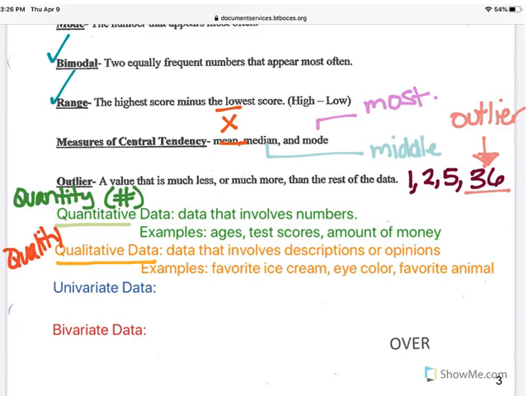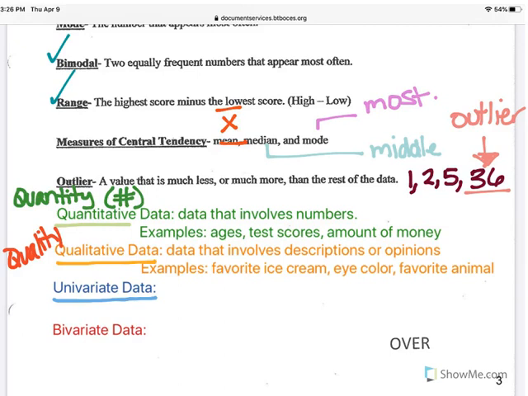Now we'll compare univariate data to bivariate data. If you see the prefix uni, you're going to think 1, versus bi, you're going to think 2. So univariate data is data involving one variable. Your examples might be just test scores, just the shoe size, or only the height.